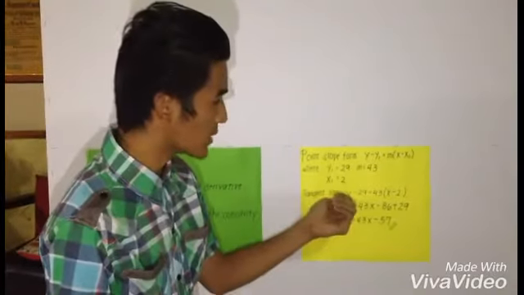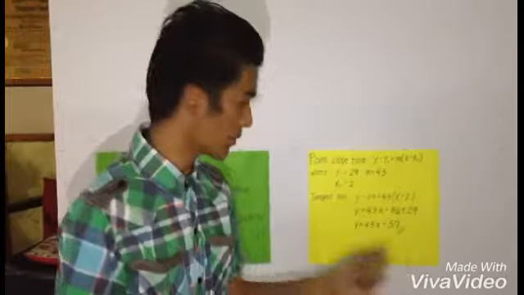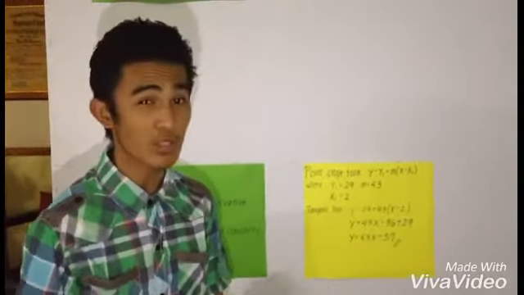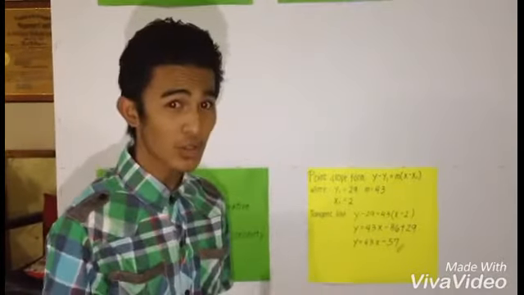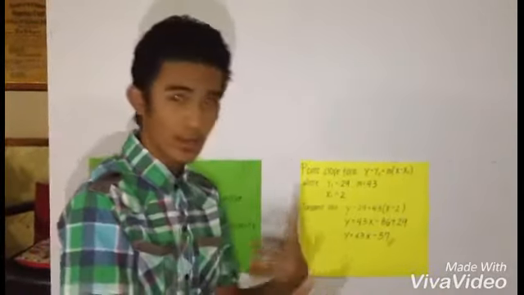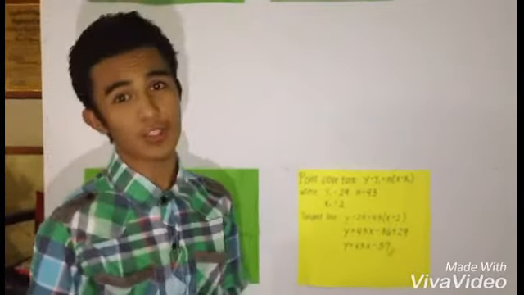So y minus 29 is equal to 43 times x minus 2. y is equal to 43x minus 86 plus 29. We have to combine like terms to get the exact value. So y is equal to 43x minus 57.